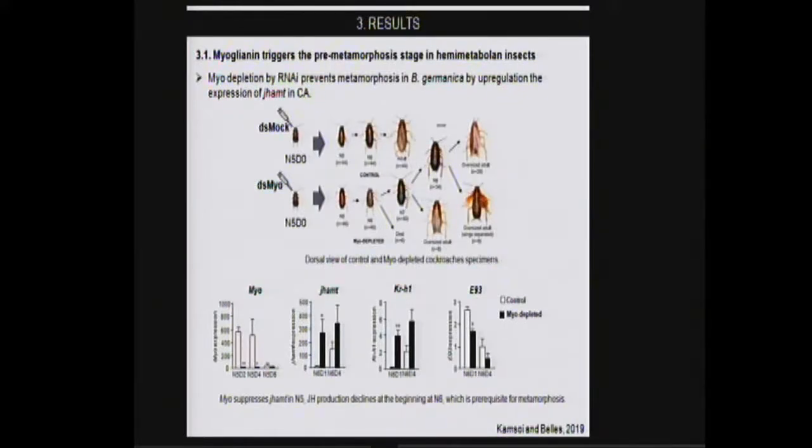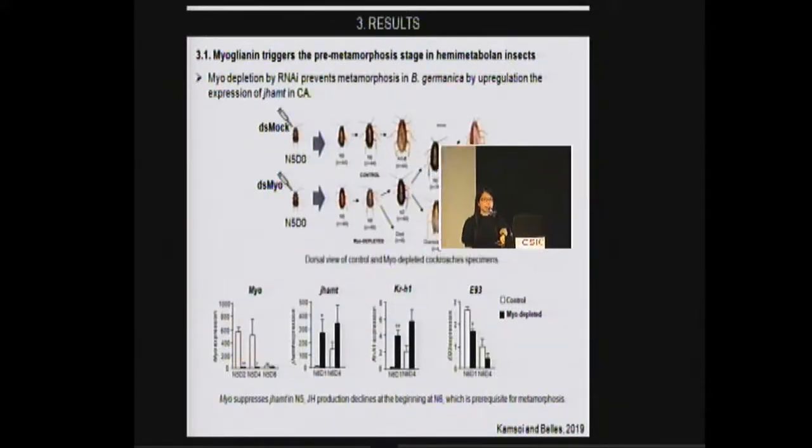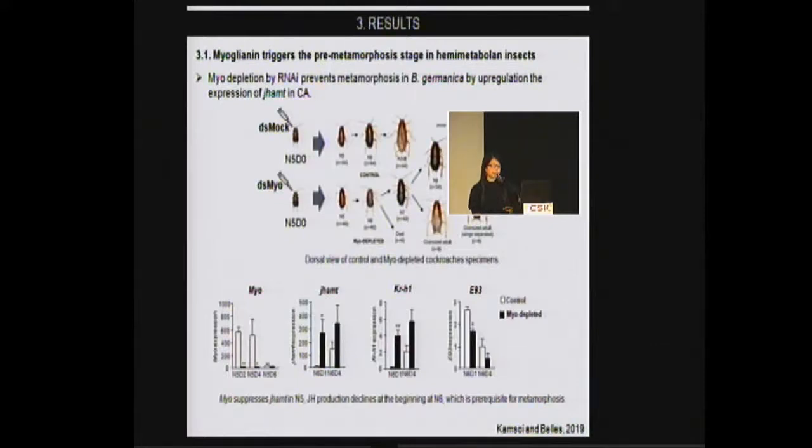So this is the explanation why the insect molts to supernumerary nymph after the last nymphal instar.